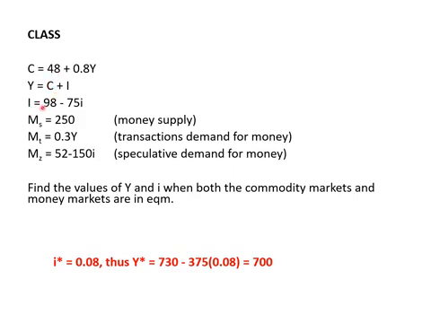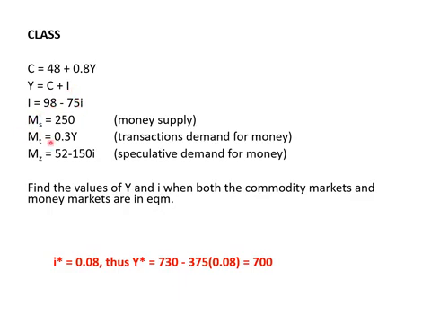And we also have here a function for investment spending. And once you substitute in for C and for capital I, investment spending, you'll end up with an equilibrium equation for the commodities market, which is only in terms of y and little i, the interest rate.